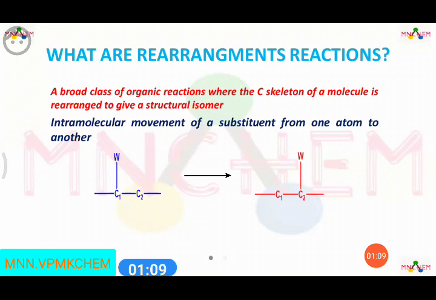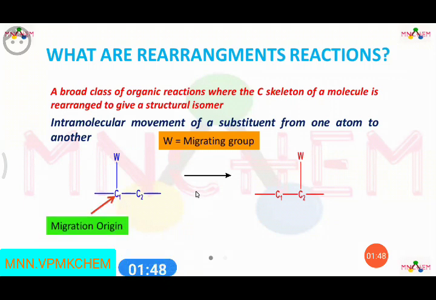To understand a rearrangement reaction, we need to understand a few terminologies. Considering this example, we can see a group, or substituent, W is moved from carbon number 1 to carbon number 2 in the product. First, W is referred to as the migrating group because it migrates from C1 to C2 in the product.